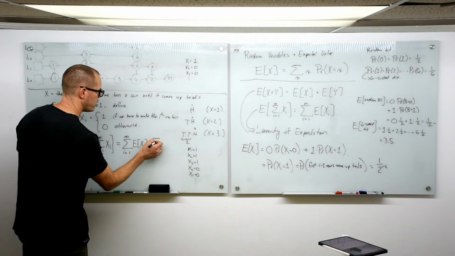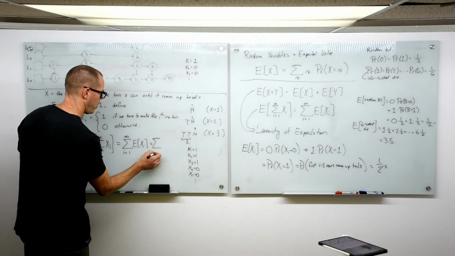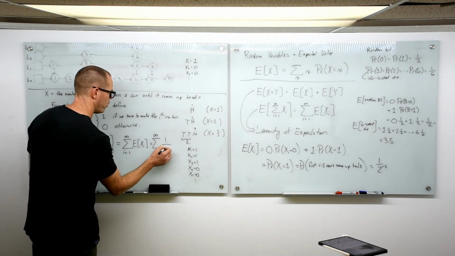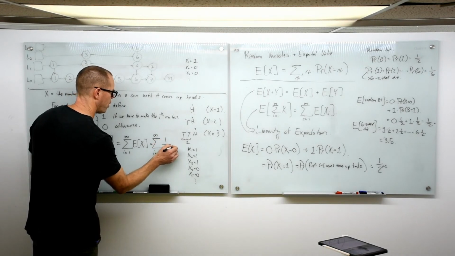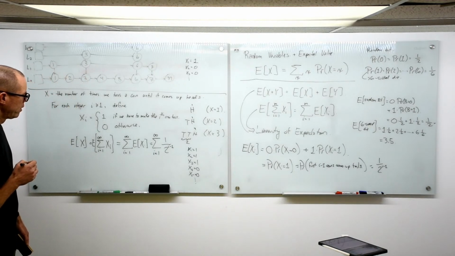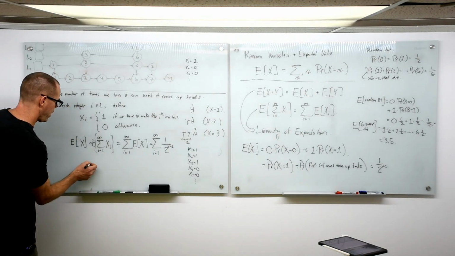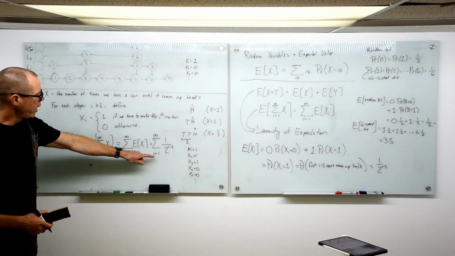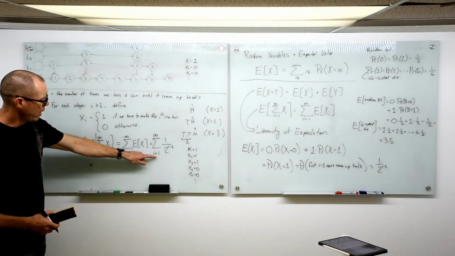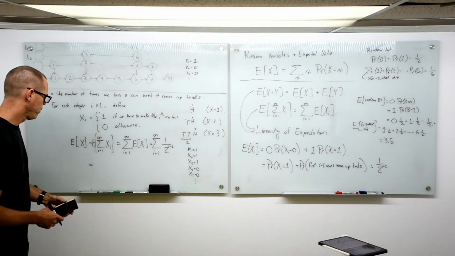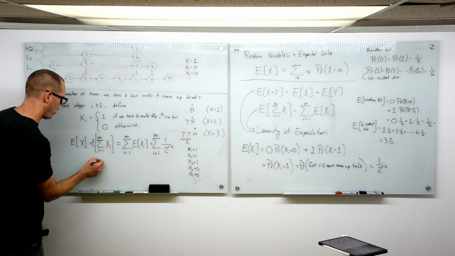This is equal to the sum from i equals 1 to infinity of 1 over 2 to the i minus 1. If we write that out longhand, when i equals 1, this is 1 over 2 to the 0, so that's 1 over 1.